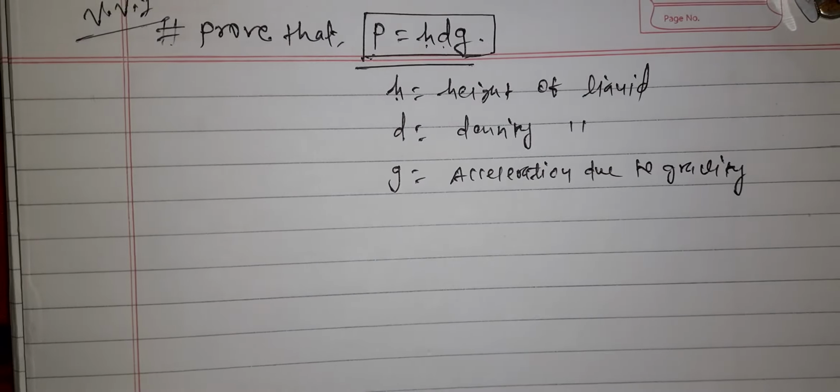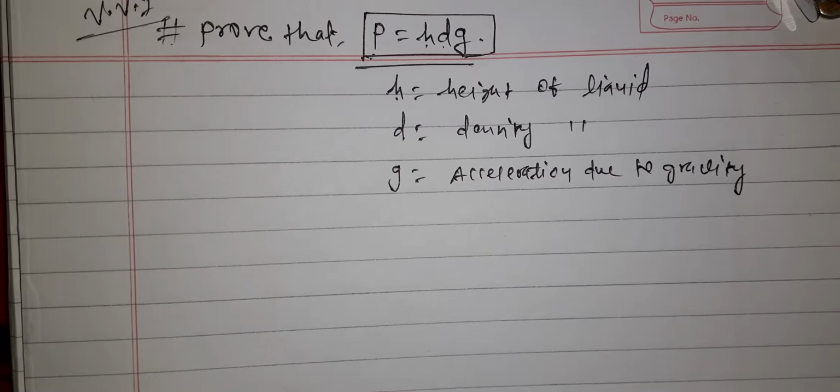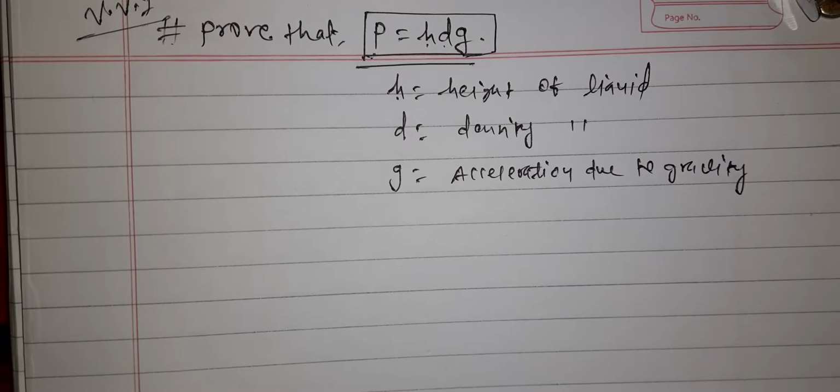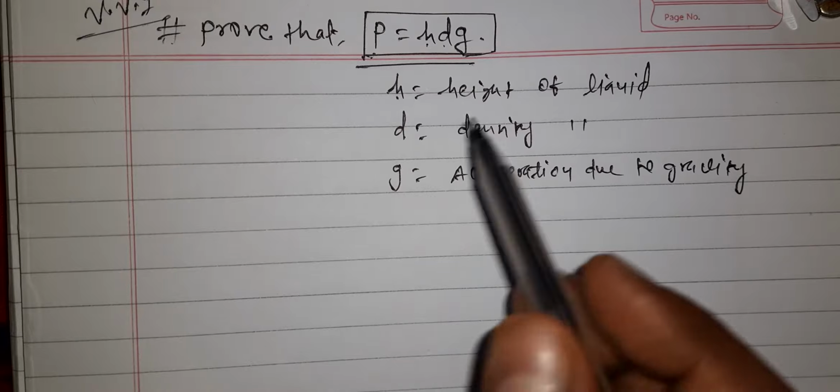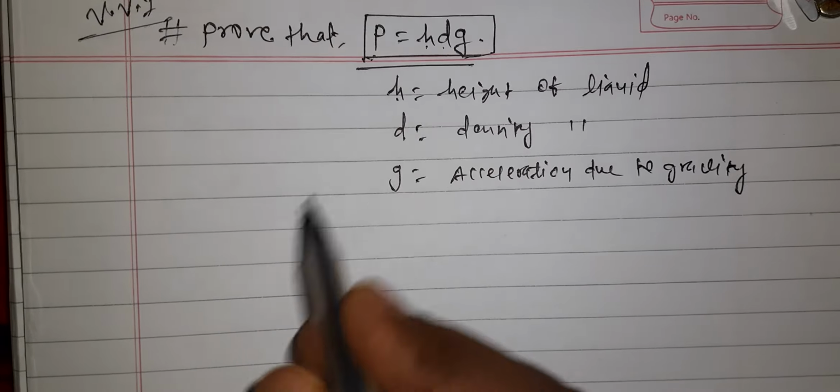So how can we prove? Okay, let's see, this is very easy, we don't have to use too much mind. So to prove this formula, first of all we have to take the formula of pressure which we have studied before also.